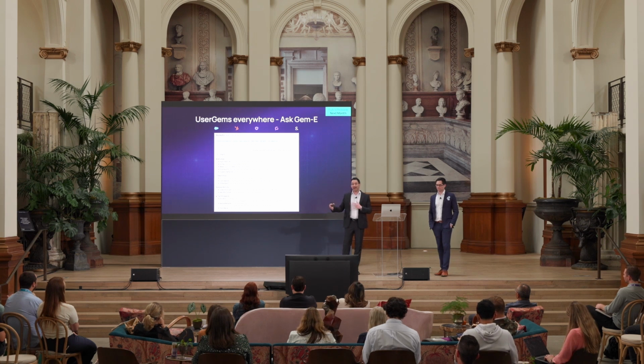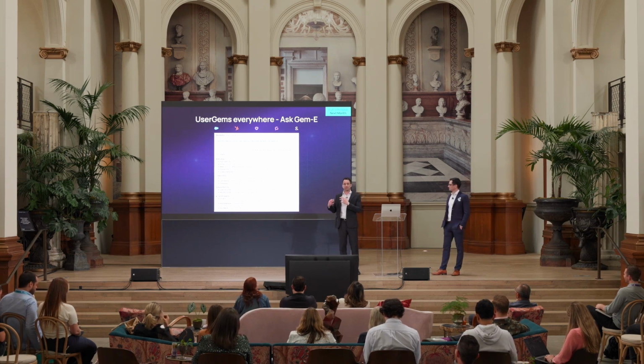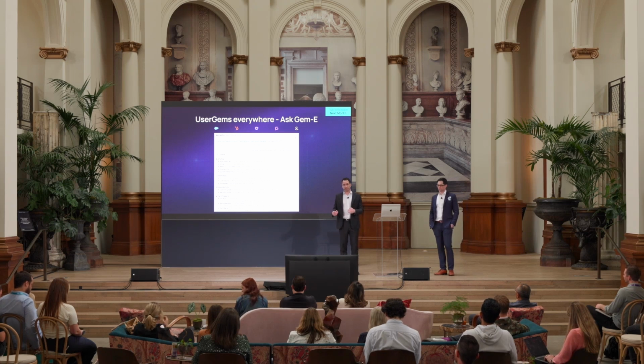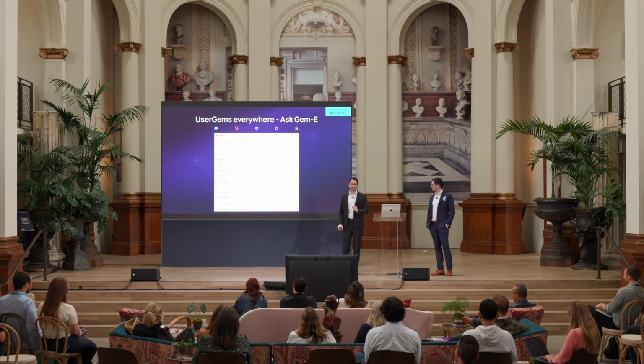If you haven't installed it, I highly recommend it because it shows you the most important UserGems information on many of your sales tools and marketing tools that you're currently using. And you can then also ask Jemmy to create a campaign, ask deeper questions about what was discussed, so that UserGems is truly everywhere.